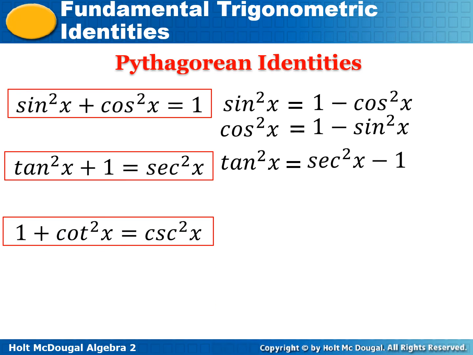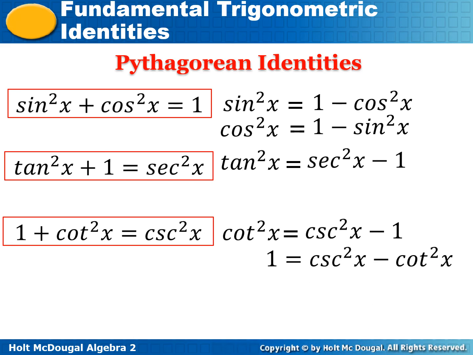We also have the third Pythagorean identity, 1 plus cotangent squared x is equal to cosecant squared x. From here, we shall have cotangent squared x is equal to cosecant squared x minus 1. And then we also have 1 is equal to cosecant squared x minus cotangent squared x.